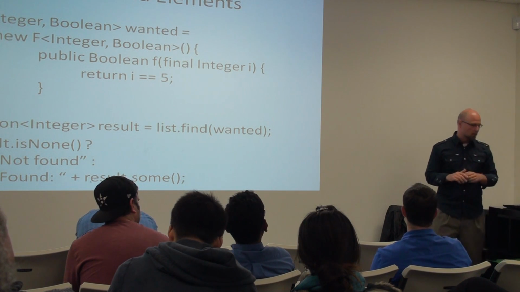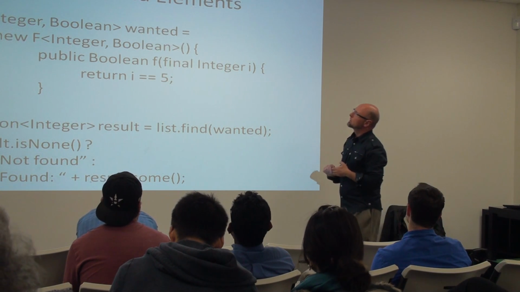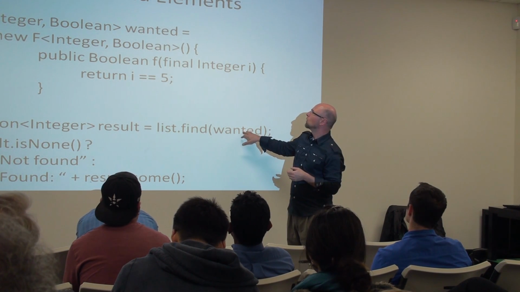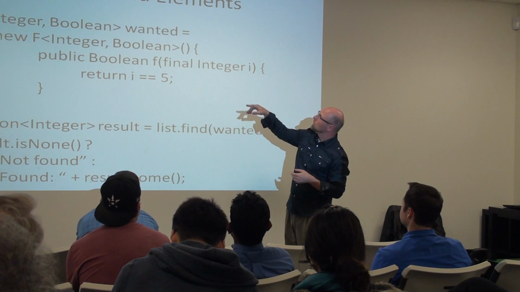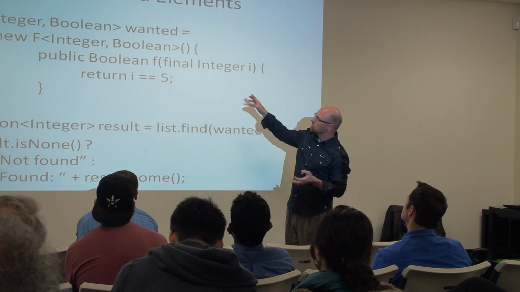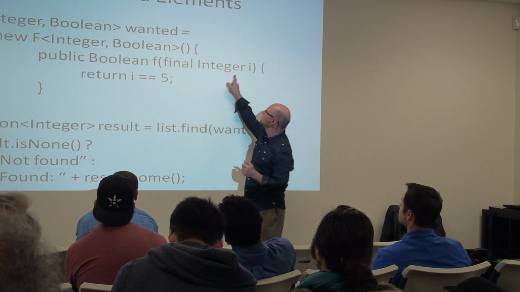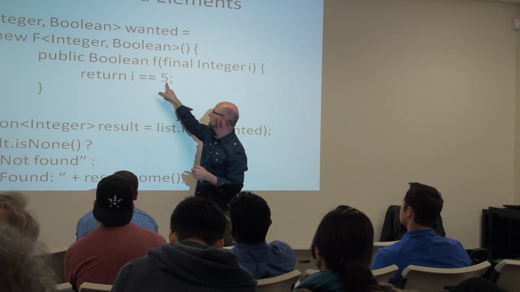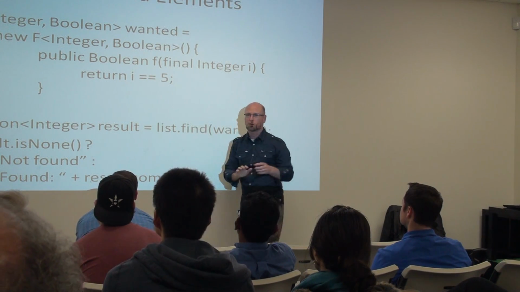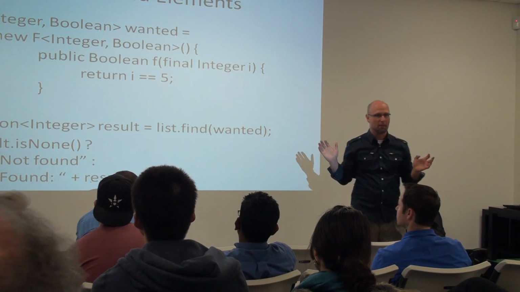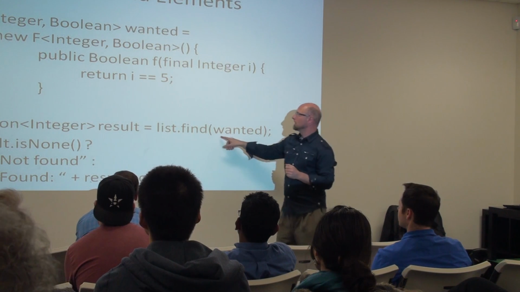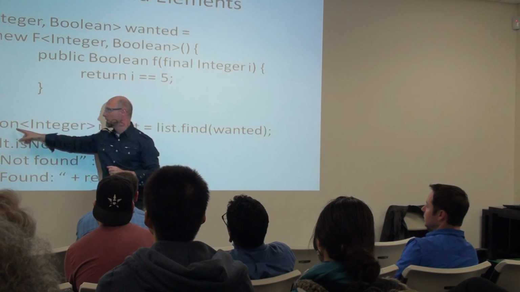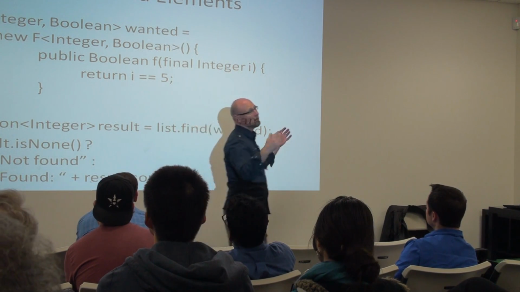Anyway, here's another example: can we find a certain wanted element in here? Write a function that takes an integer, in this case, and returns a boolean. If it's, in this case, just 5, then we return true, in other cases we return false. We call find with this function, and it will return not an integer, but an option saying we might have found it.